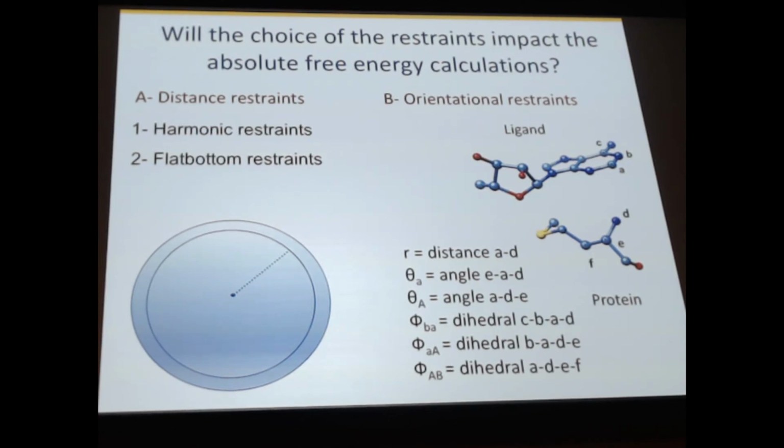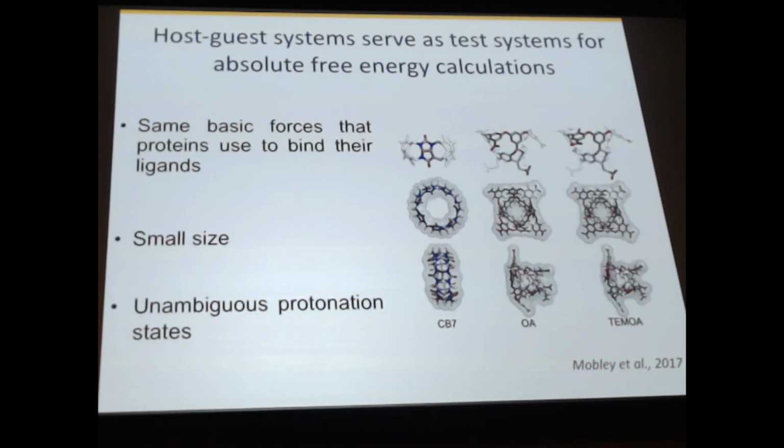So we were curious to know if the type of the restraints will impact the values of the absolute free energies. Therefore, we used YANK to test the three types of restraints on a host-guest system. So what's a host-guest system? Hosts are small molecules, usually fewer than 100 non-hydrogen atoms, having a cavity allowing them to bind small ligands called guests with a significant affinity.